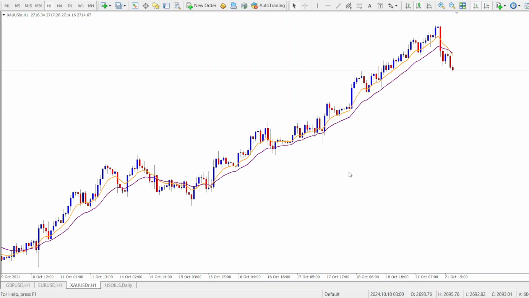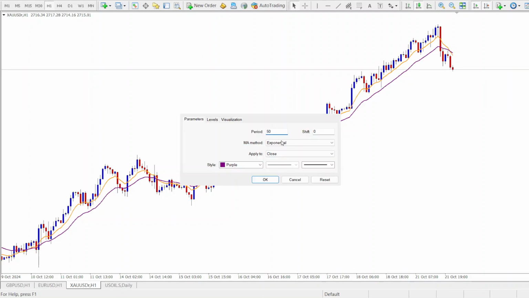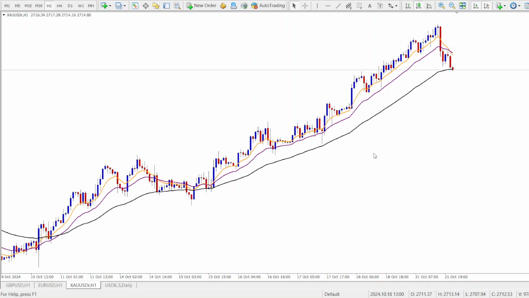And then finally, we add the 50 EMA, which is the slow EMA. So we have the 9 EMA, the fast EMA, the 20 EMA, the medium EMA, and the 50 EMA, the slow EMA.